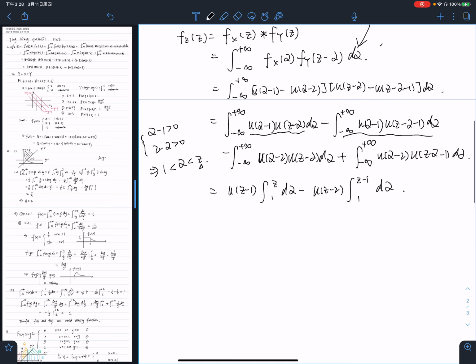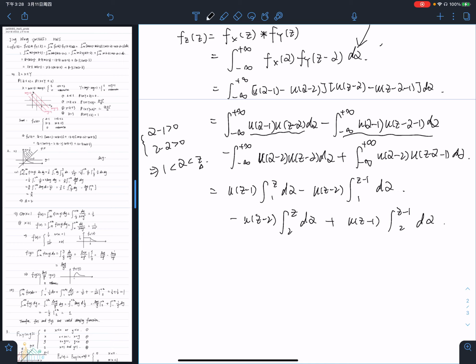The third part should be u(z minus 2) from 2 to z d alpha, and the last part should be u(z minus 1) from 2 to z minus 1 d alpha.